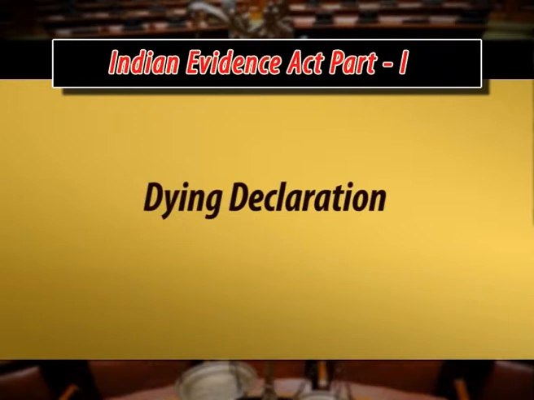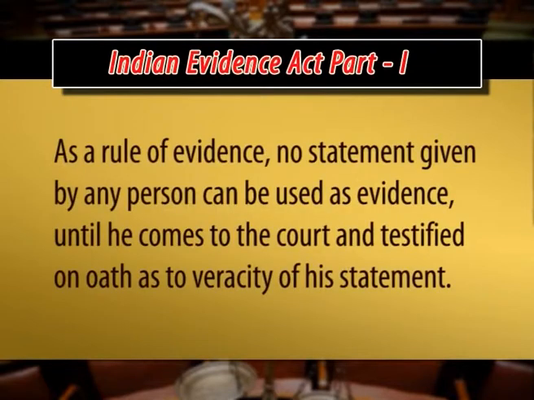Dying declaration. As a rule of evidence, no statement given by any person can be used as evidence until he comes to the court and testifies on oath as to the veracity of his statement.